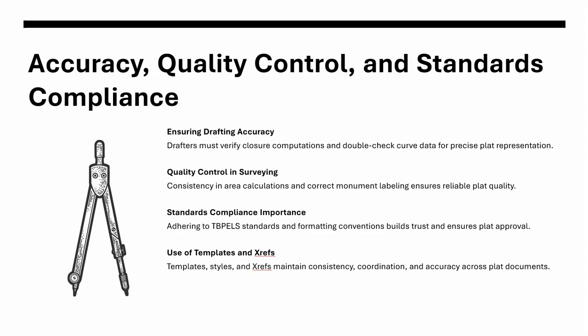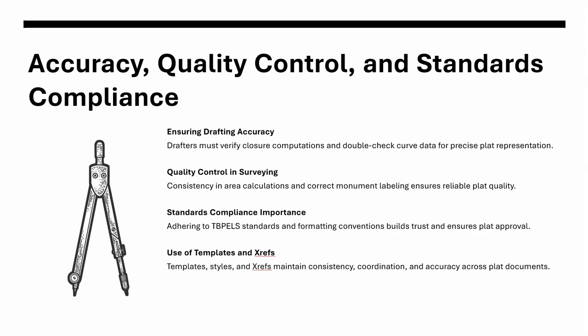Double-checking curve data against field calculations to ensure that the arc length, chord, and radius agree. Confirming that areas labeled in acres match the computed areas with acceptable tolerances. Ensuring that all monuments set or found in the field are depicted with the correct symbology and labeled with descriptive notes.